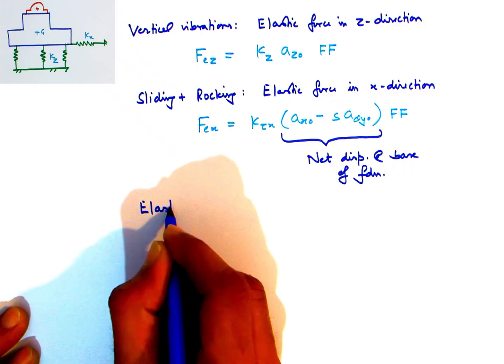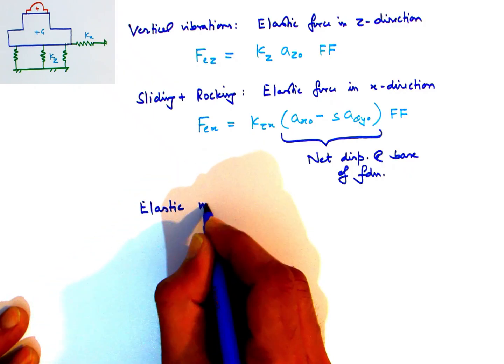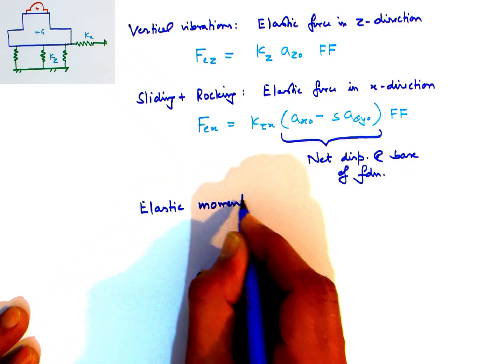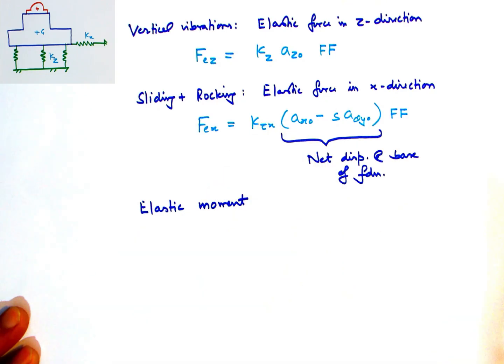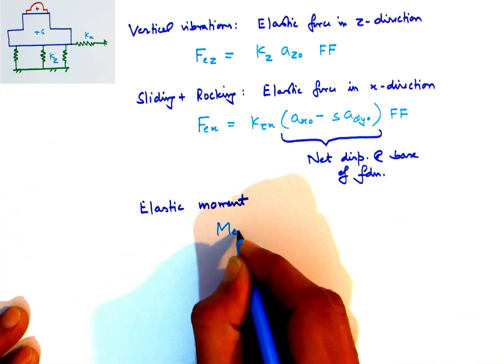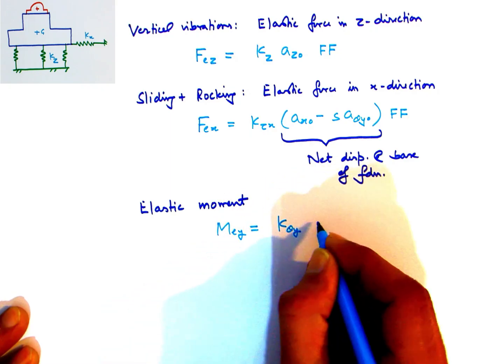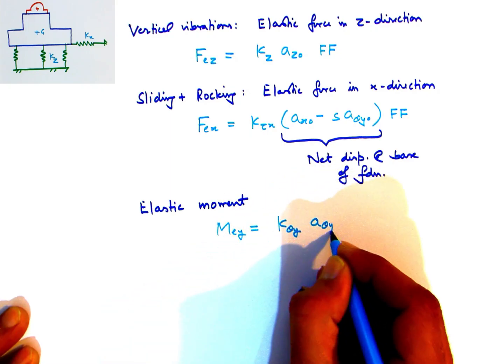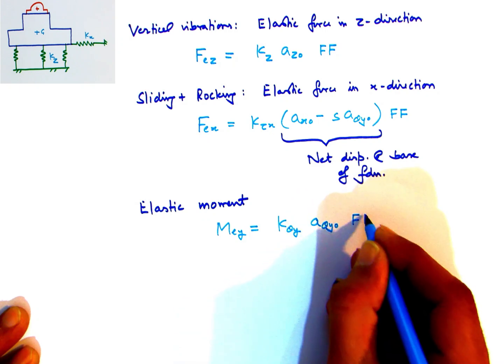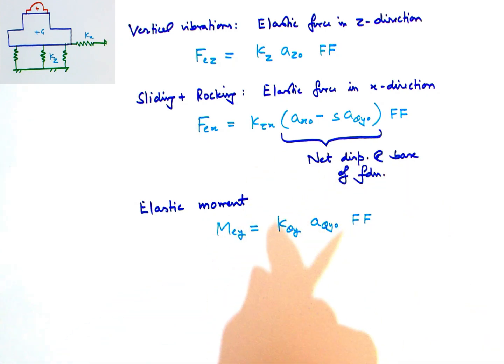On similar lines, we can write expression for the elastic moment MEY, and this would be given by the product of the rotational spring stiffness k theta y, the angular amplitude a theta y naught, and the fatigue factor.